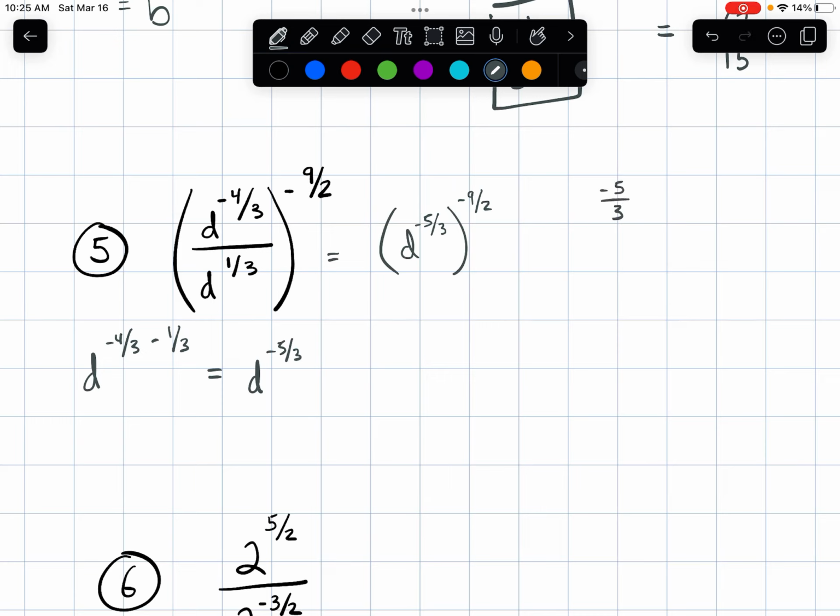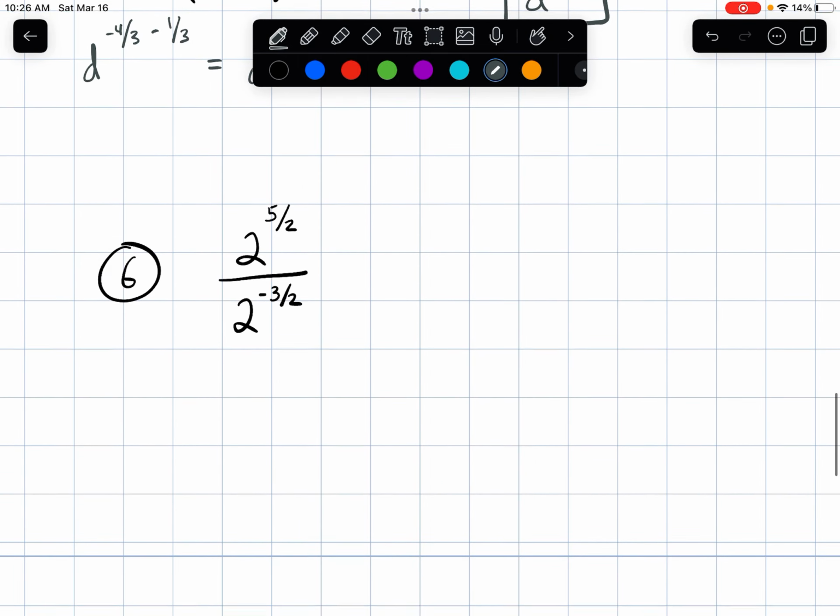So if I take -5/3 and multiply it by -9/2, we should see that -9/3 becomes -3/1. And so when I multiply straight across, we see that -5 times -3 is 15, and 1 times 2 is 2. So we get 15/2. So not too bad. That does save us a little bit of time by using that method there. So we get d to the 15/2 power.